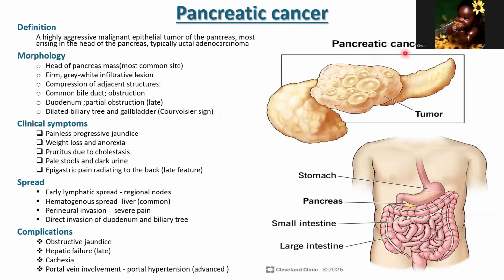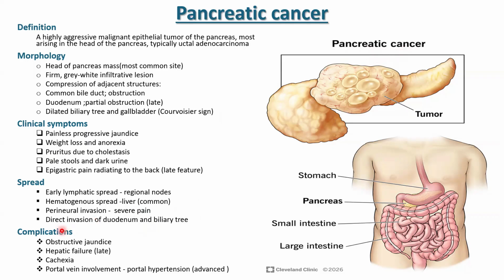The other thing for us to appreciate is complications such as obstructive jaundice, hepatic failure, which is a late feature, cachexia, as it's a malignancy, and portal vein involvement leading to portal hypertension.